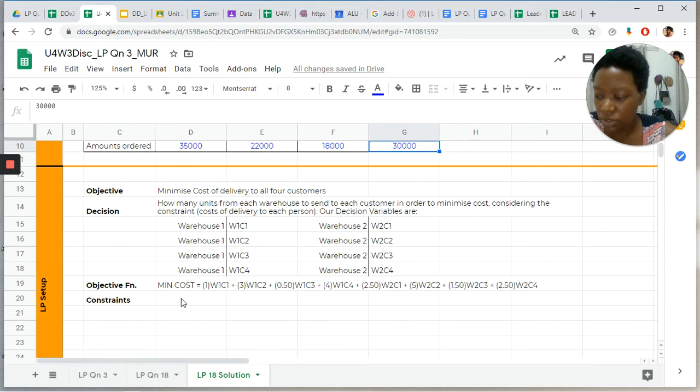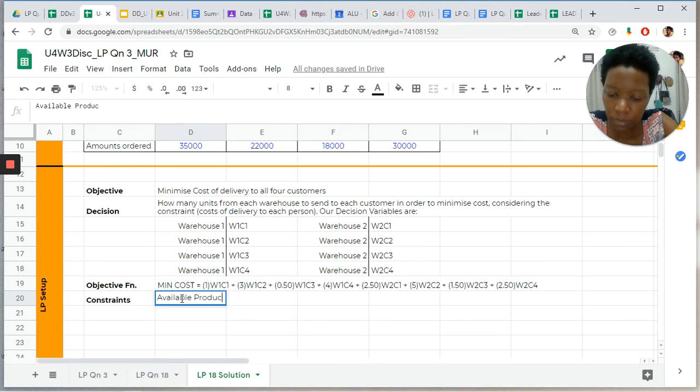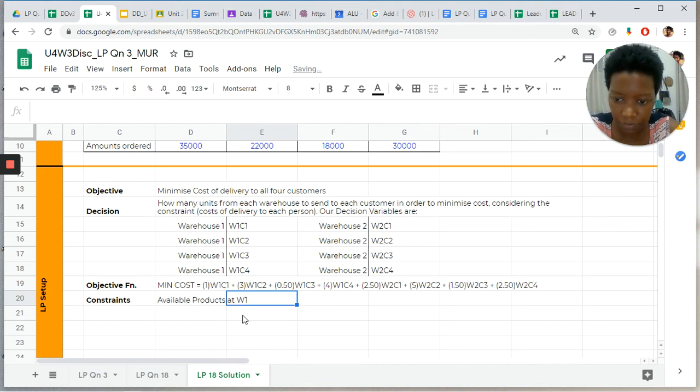So in my constraints, I'm going to write here warehouse, let's not say capacities, available products at warehouse 1.